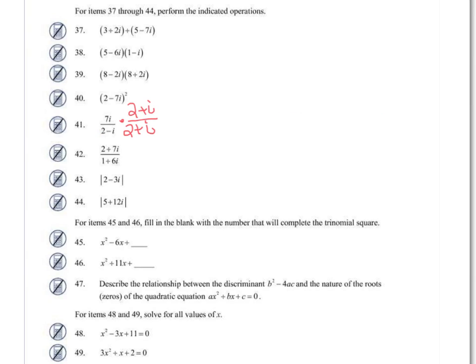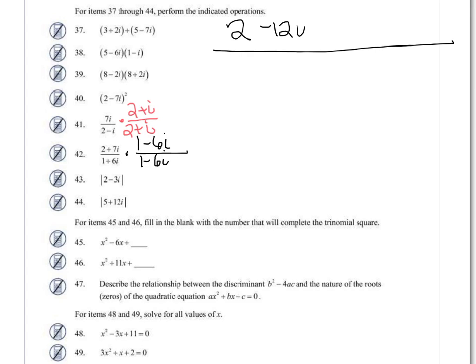Now we're going to multiply by the complex conjugate for 42. That's 1 minus 6i. So when I multiply, I'm going to do that work up here at the top. The numerator, and then the denominator, because they're conjugates, I can skip the middle terms.